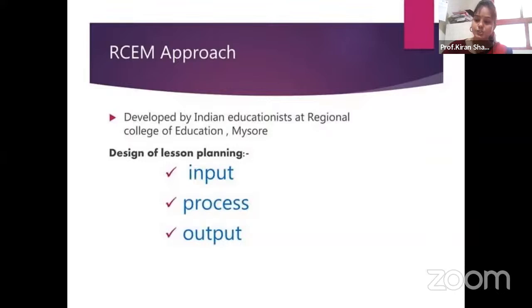So we need to know what this input is, what this process is, and what this output is. Input includes the identification of objectives. They are known as expected behavioral outcomes, in short EBO, and the objectives are classified into four categories: knowledge, understanding, application, and activity.